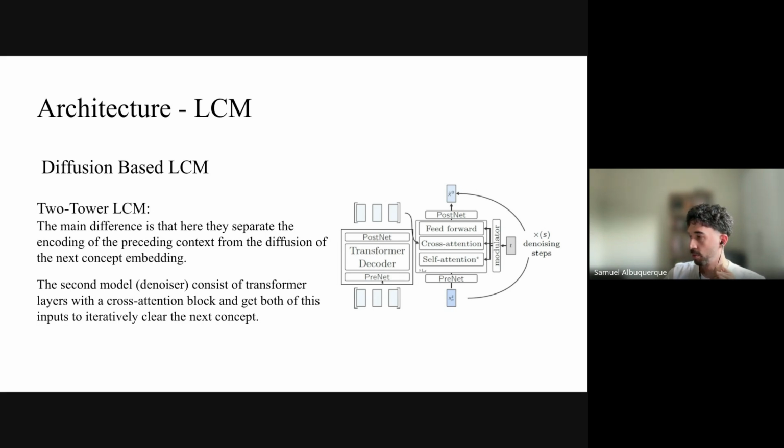So we have the transformer decoder here encoding first the context embeddings, and then they pass to the second block here, which is the denoiser, and the cross-attention mechanism here pays attention to the noisy concept that you are trying to denoise and to the context embedding to produce the denoised concept at the end. And as I will show later, both implementations show almost the same results. But they tried this different approach here.